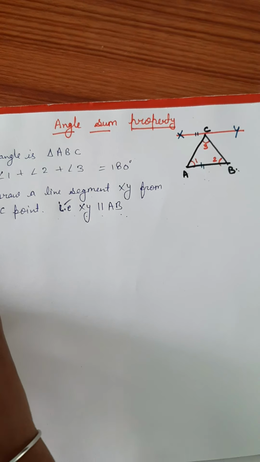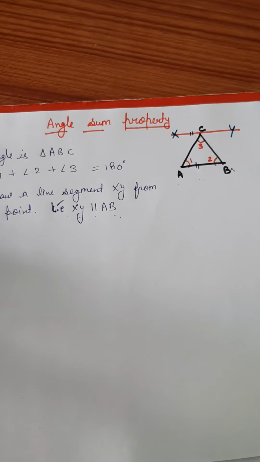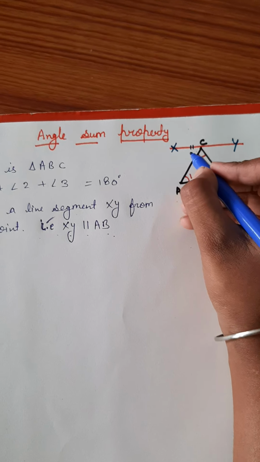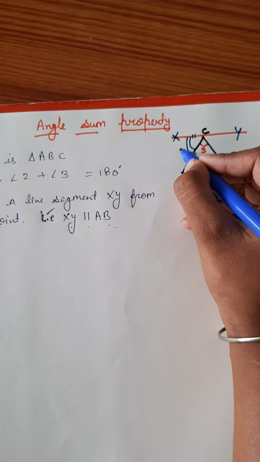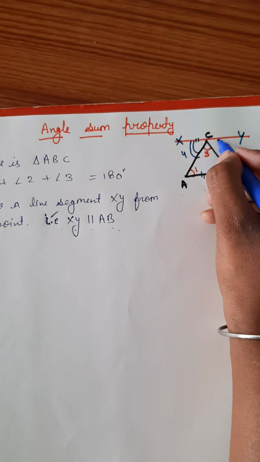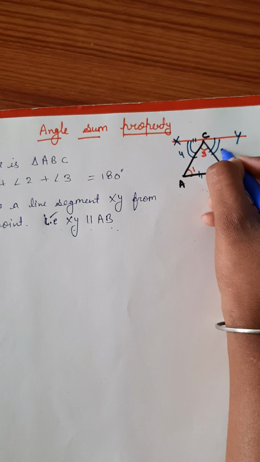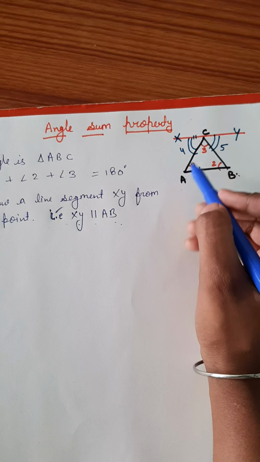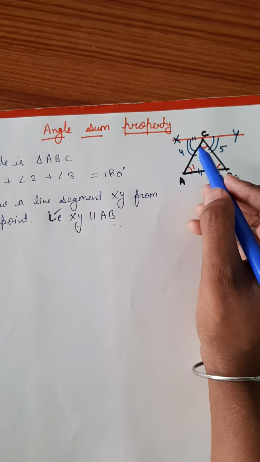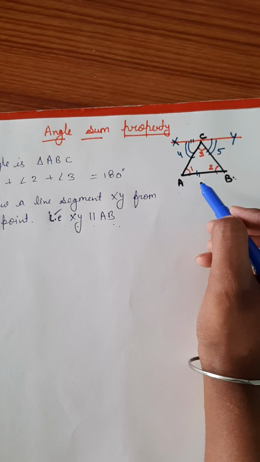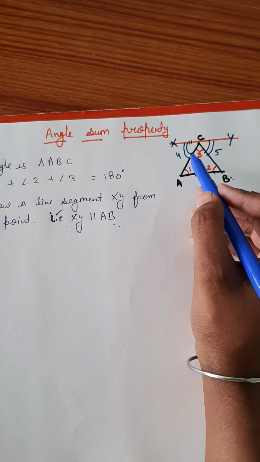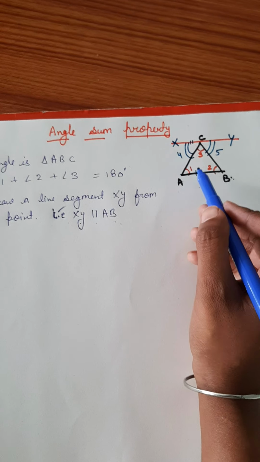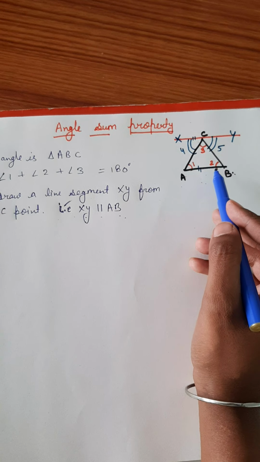Here I am giving the naming of angles: angle 4, और यहाँ पे मैंने angle का name दे दिया 5. This AC is a transversal line in between XY and AB. So for a transversal line, the property you know: alternate interior angles are equal. So angle 4 will be equal to angle 1, and the same way angle 5 will be equal to angle 2.